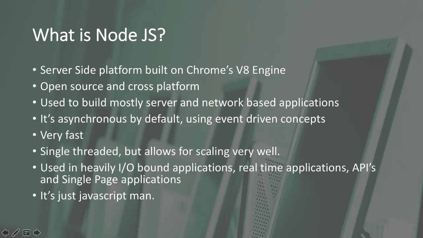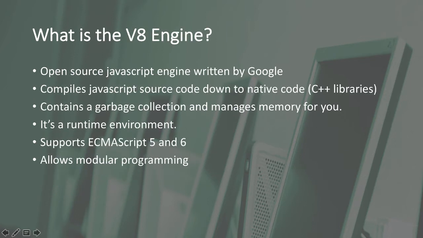Now, with all this said, I mentioned that Node is built on something called the V8 engine. So what is the V8 engine? Well, basically it's a platform that was built by Google, and the overall objective of it was that they wanted to use JavaScript to build a lot of their applications. So they built an engine that can interpret JavaScript code and compile it down to native code, i.e. C++ libraries.